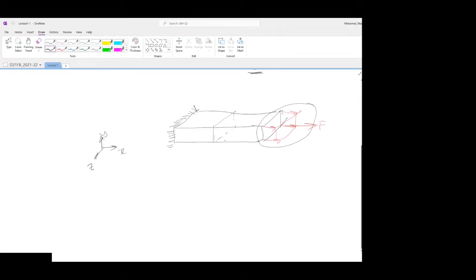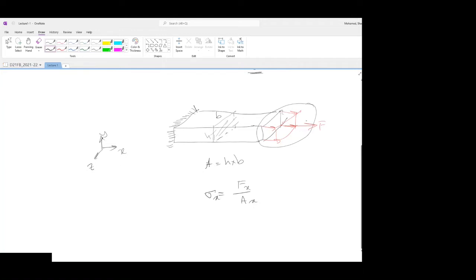I'm going to assume that this is the cross-section, and this is B, this is H. And the cross-section A is going to be H times B, and the stress is always going to be F divided by A. Now, because we're talking about dimensions now, this is going to be sigma x, and this is the cross-section in the x direction. This is A x, and this is the force applied in the x direction. Everything now is happening in the x direction.